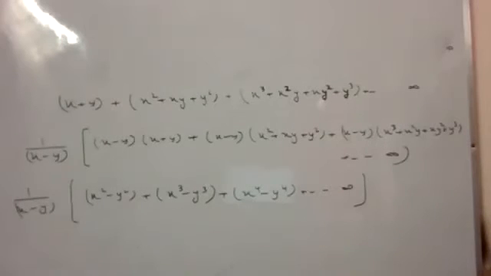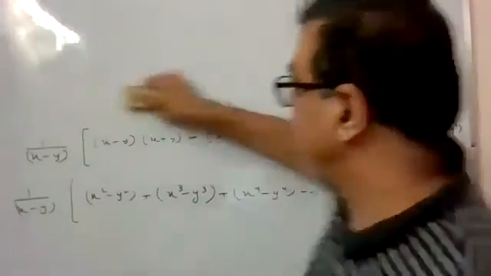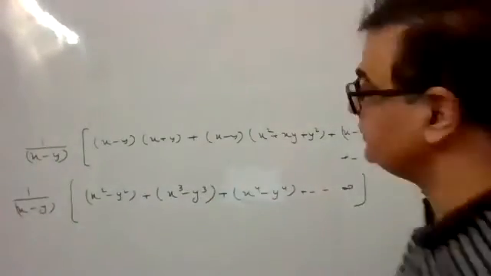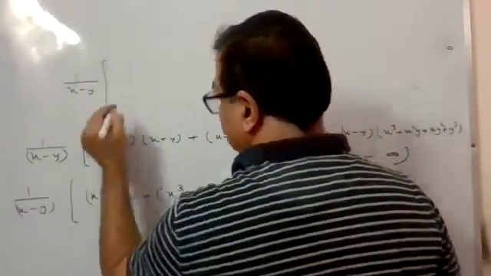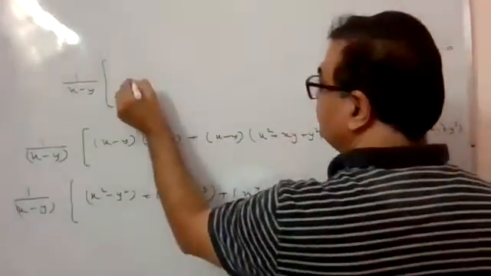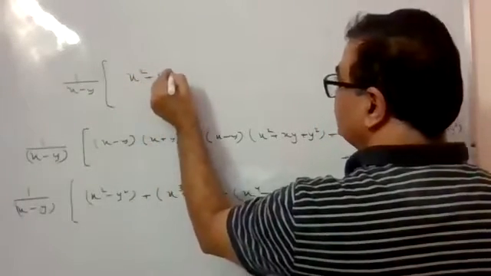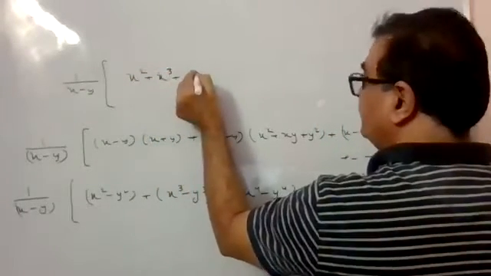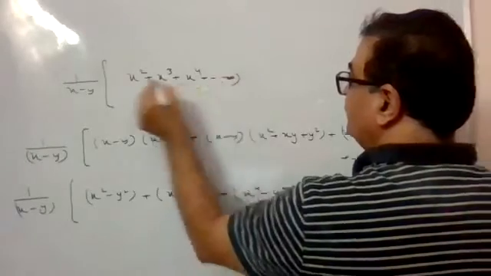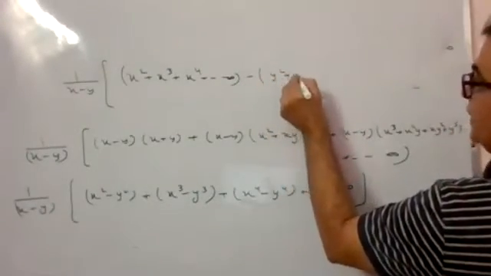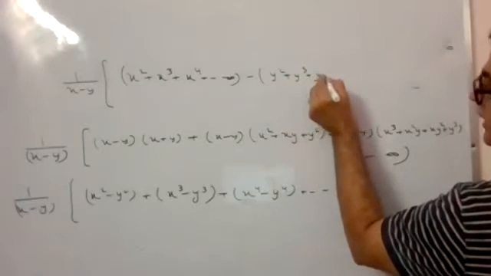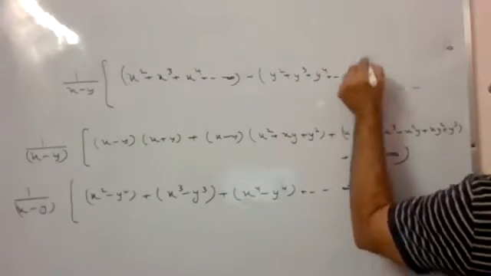Now it's clearly two GPs. So 1 by x minus y remains here. Then the first series will be x square plus x cube plus x power 4 till infinity, minus, minus is common, then y square plus y cube plus y power 4 till infinity.